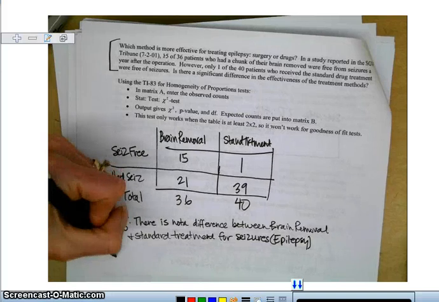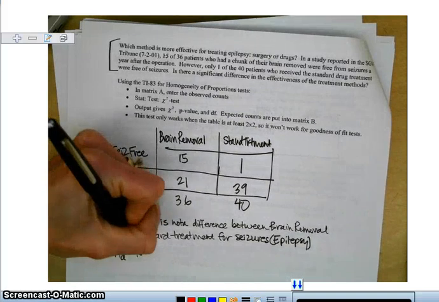All right, and the alternative hypothesis is that there is a difference.